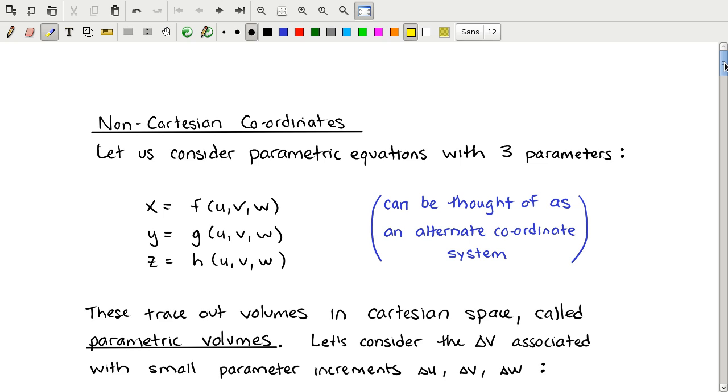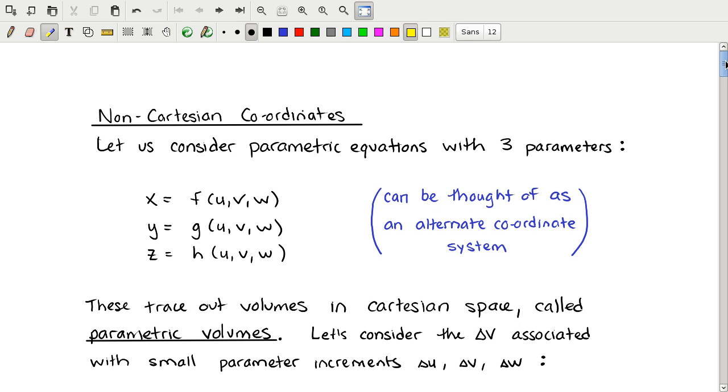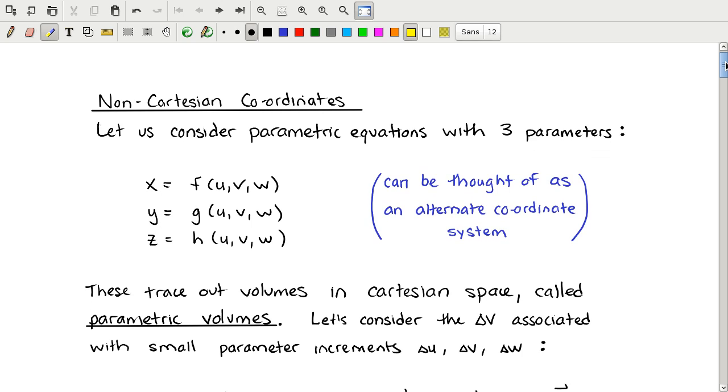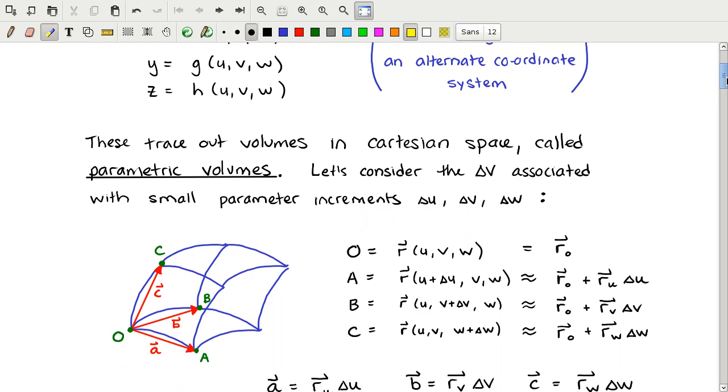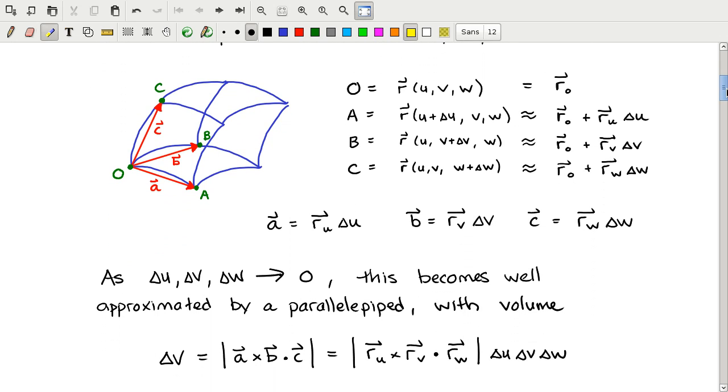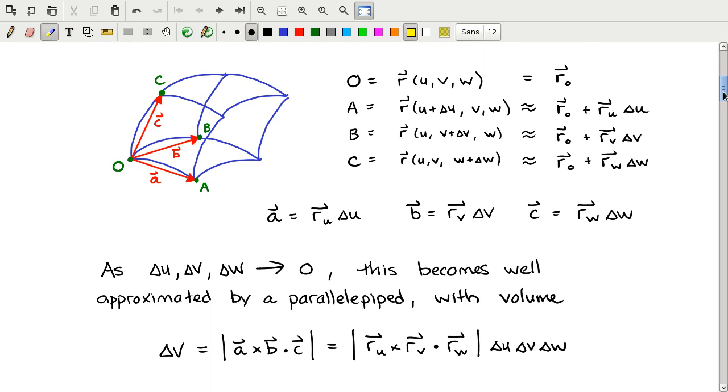And so just like when we did surface integrals, we needed to calculate a typical area element associated with delta u and delta v. Here we will construct the volume element, delta V, associated with small increments in the parameters u, v, and w, called delta u, delta v, and delta w. So it's a very similar process to what we did before. The picture and the analysis will be a little bit condensed.